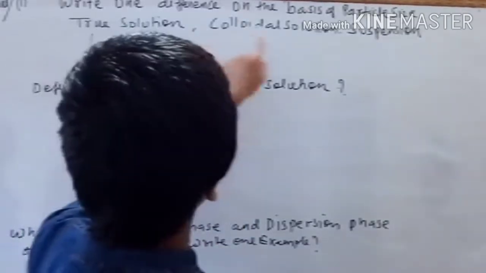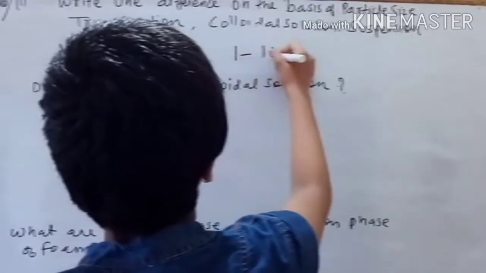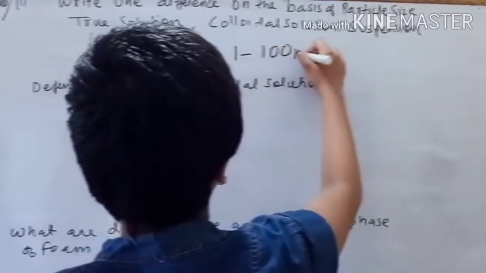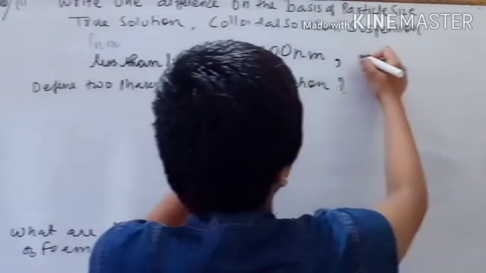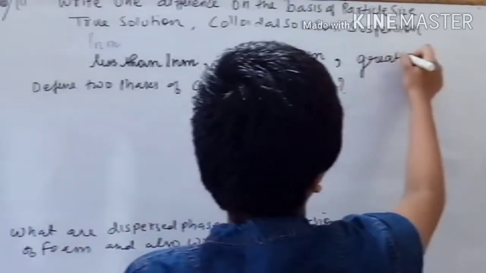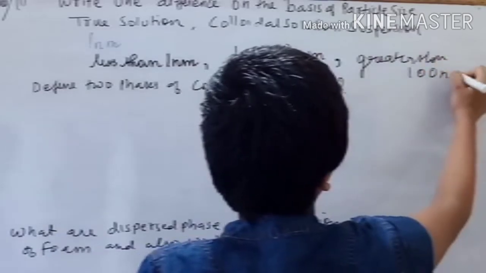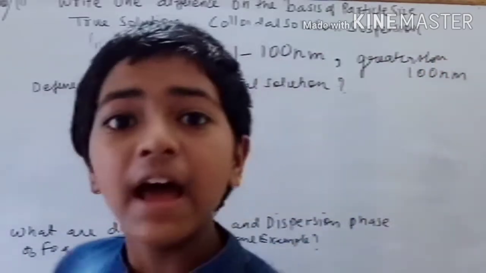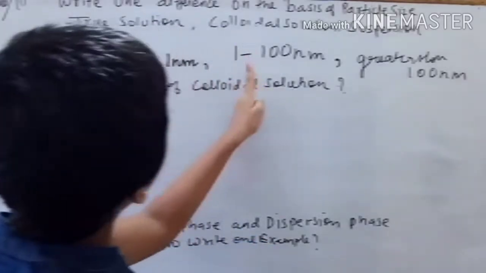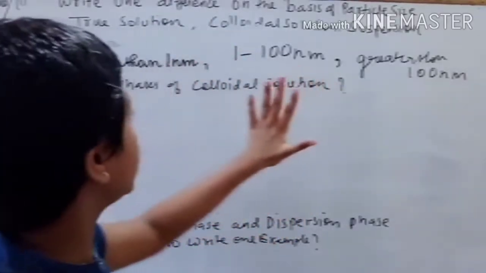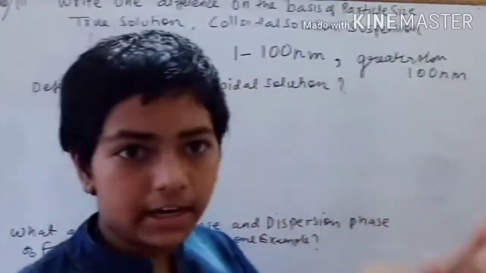Next is colloidal solution, which ranges from 1 to 100 nanometer. And next is suspension. Suspension is always greater than 100 nanometer. So, less than 1 nanometer, 1 to 100 nanometer, and then greater than 100 nanometer.